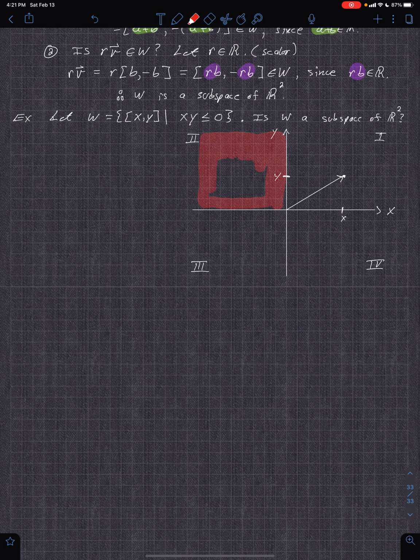All of these vectors that end up over here have components with opposite signs, right? So we're talking about the subset of those elements.